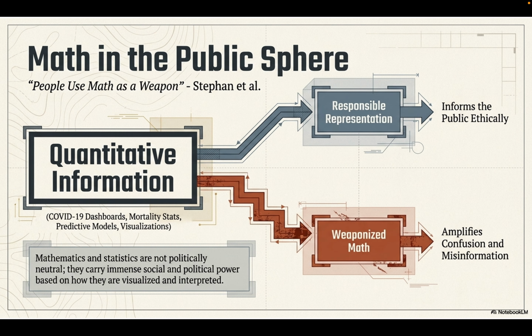But quantitative information can be interpreted in very different ways. Some representations inform the public responsibly. Others amplify confusion and misinformation. So, this reading reminds us that mathematics and statistics carry social and political power.